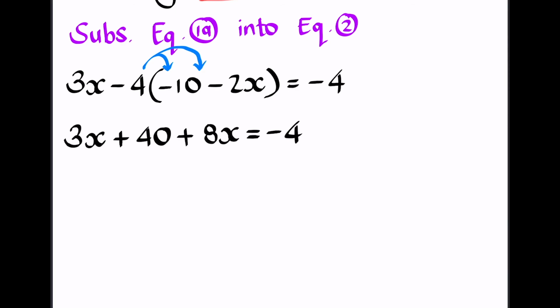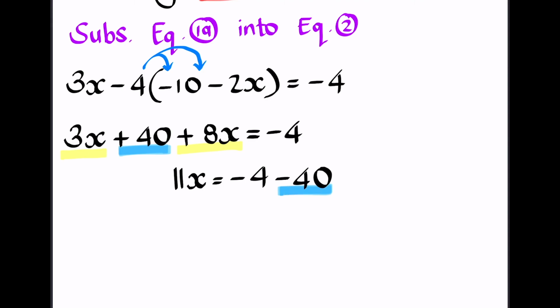Now I'm going to collect my like terms. So I have 3x plus 8x, and 3x and 8x is 11x, equal to, the minus 4 stays the same, stays first. The positive 40, when it goes across, now becomes negative 40.